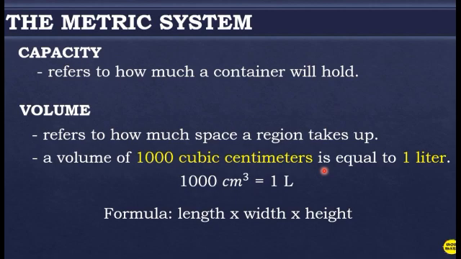So, for every 1,000 cubic centimeters, that is equivalent to 1 liter. A pool, for example, is volume. A square container or vase is volume. An aquarium is volume, because it already has length, width, and height. Capacity is for a bottle or a glass, things like those.